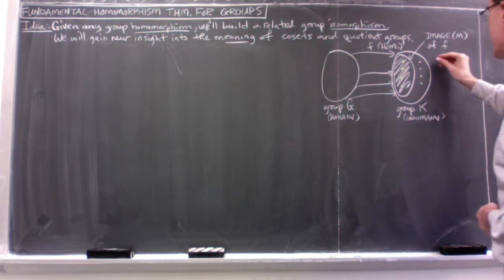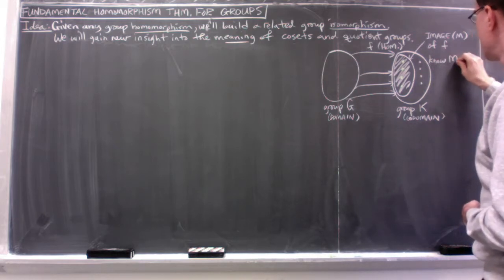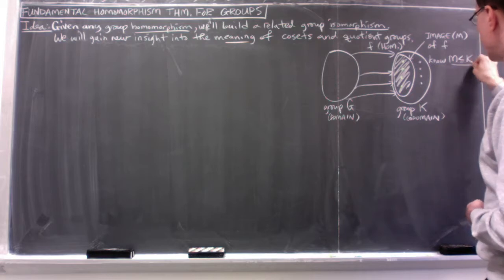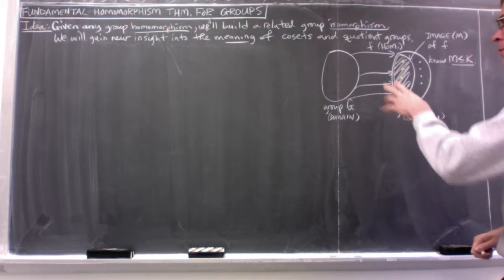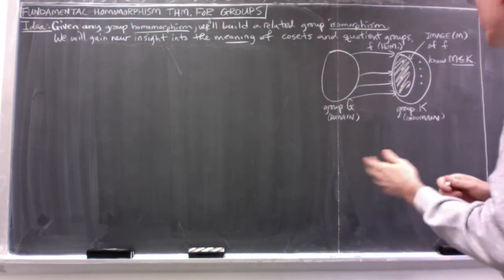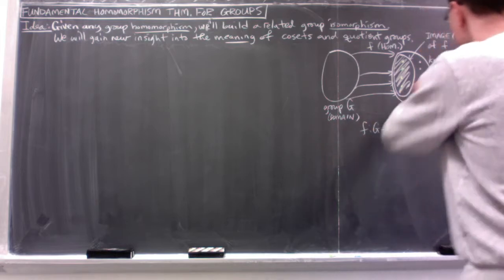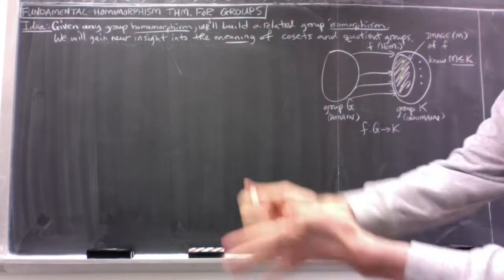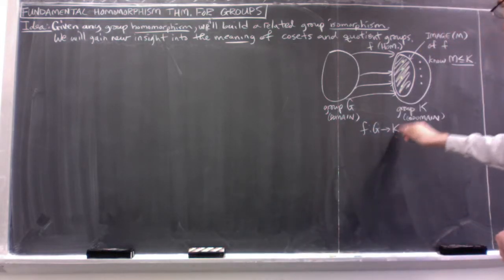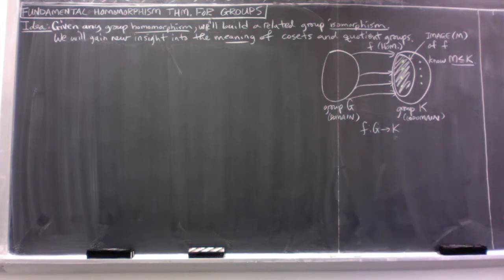And we've seen that this image is a subgroup of K. We proved that earlier. On the other hand, if F goes from G to K initially and it's not onto, you could just shrink the codomain down to M and make a new function with that codomain, and that would just automatically be onto. So that's not hard to achieve if you're willing to change the codomain.